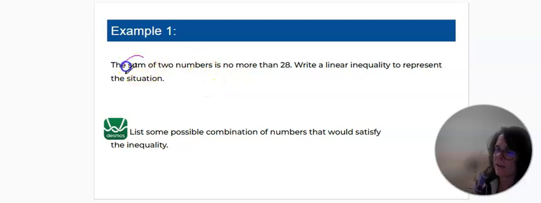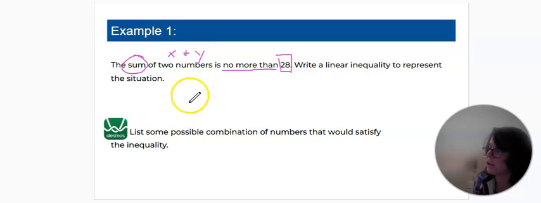We're looking at the sum of two numbers, and we want it to be no more than 28. All right, two numbers. We don't know the numbers. We'll call them X and Y. Anytime you don't know something, you're going to use a variable. Sum means add. No more than.